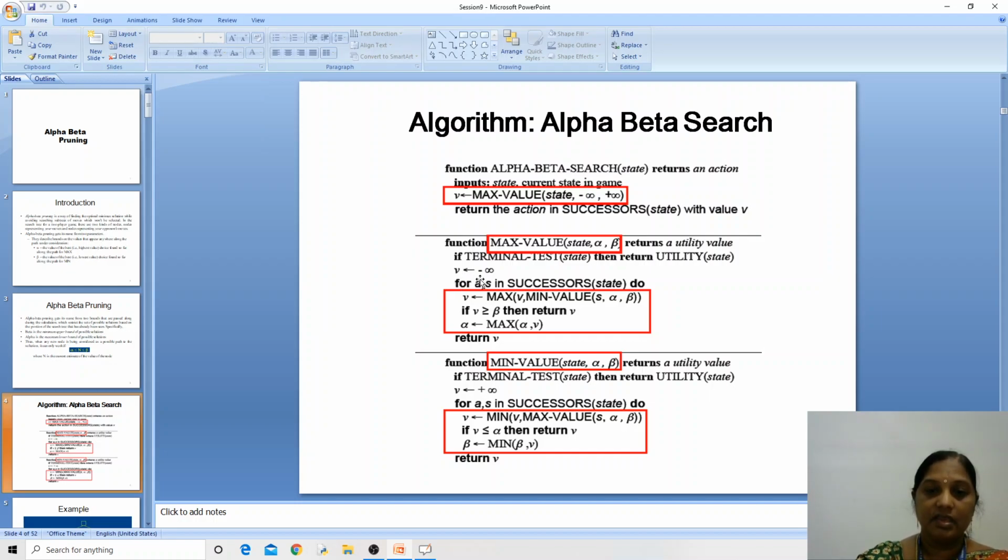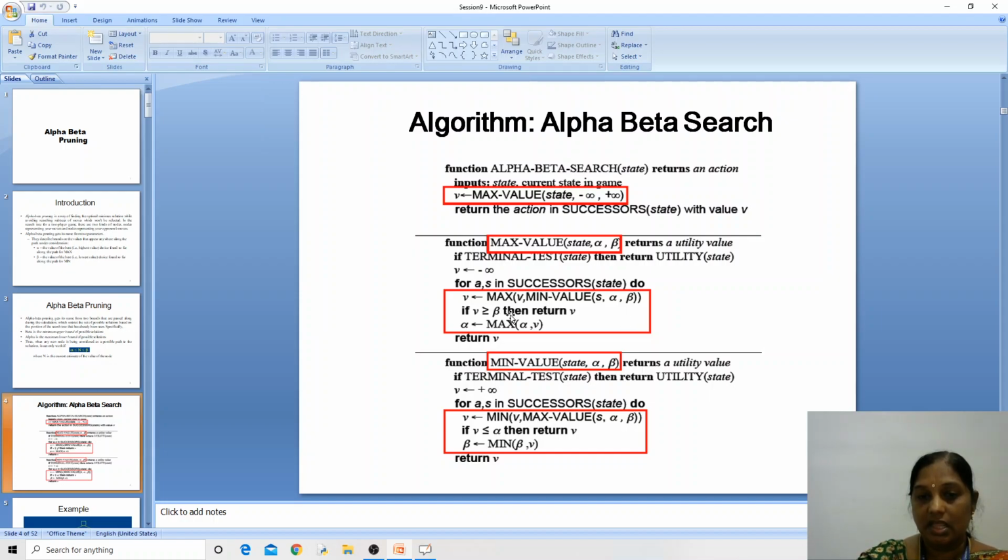And first v is assigned minus infinity. Why did we do this here? Because we are finding the maximum value, and the initial value for the maximum value is minus infinity. This is the main thing you have to understand. First you find the maximum value in the current state against the minimum value for the rest of the states.